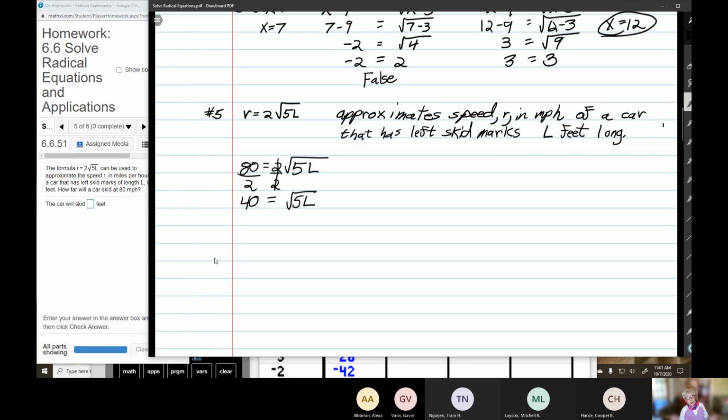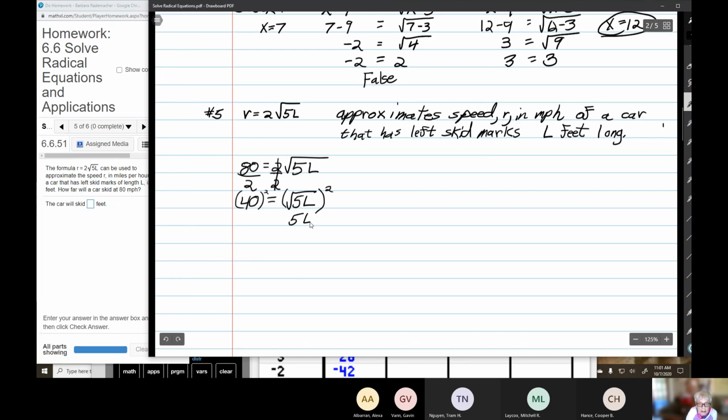Now you have a radical equation. You're going to square both sides. So 40 squared, and the square root of 5L squared. Well, this one's easy because squaring a square root takes the top off, leaving you with what's underneath.